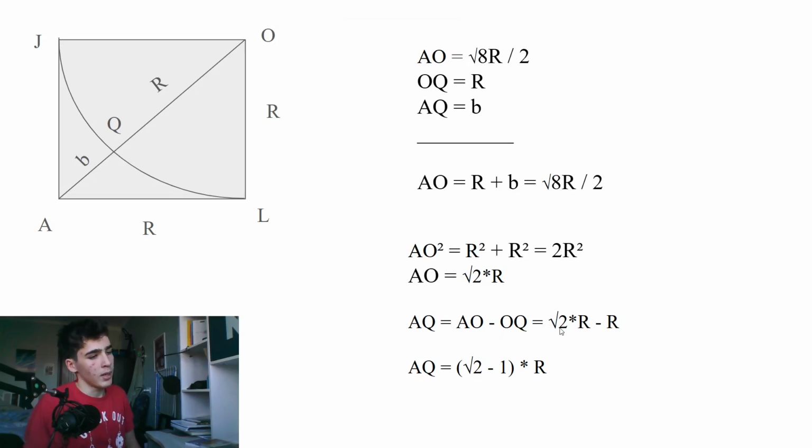This is the same as the square root of 2 times R minus R. And this is the same as the square root of 2 minus 1 times R, because the R comes out of these parentheses. And this equals this because the square root of 2 times R minus 1 times R is the same as the square root of 2 times R minus R. R times 1 is the same as R.